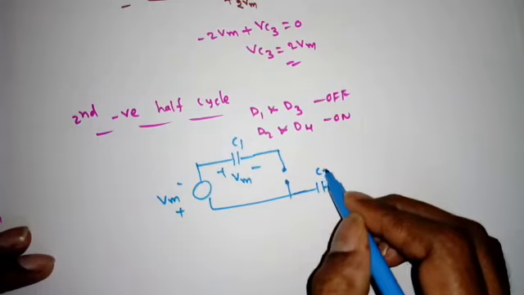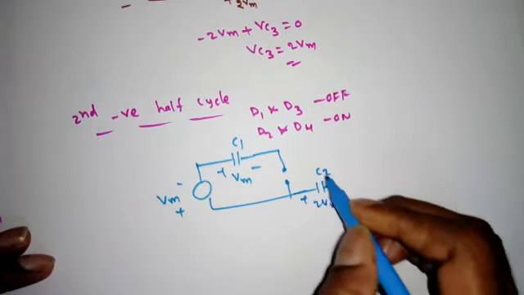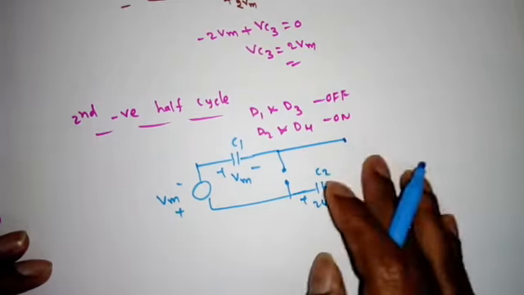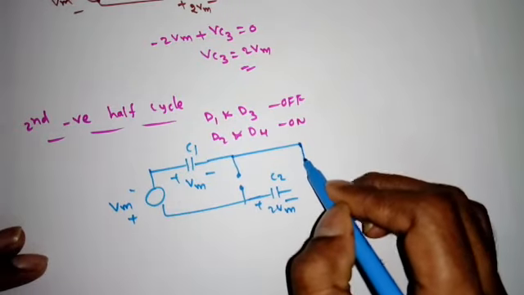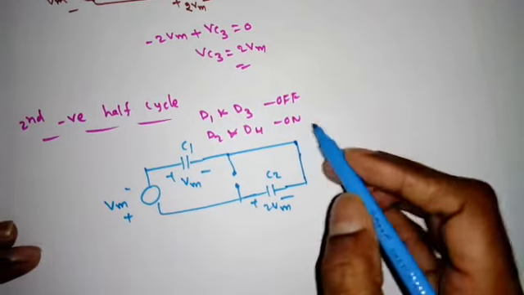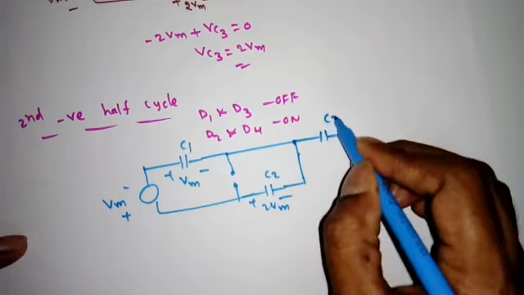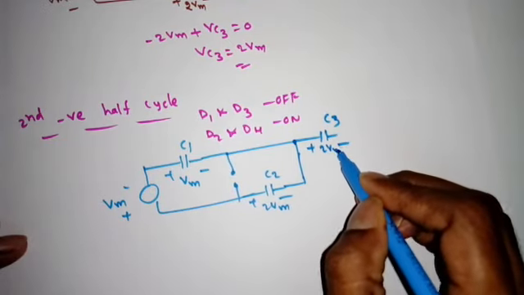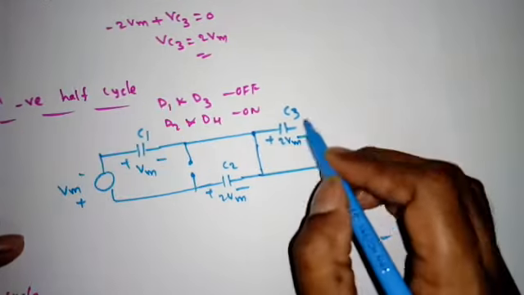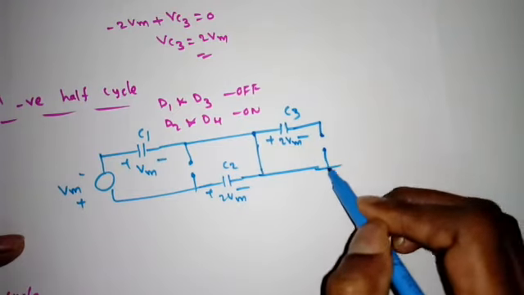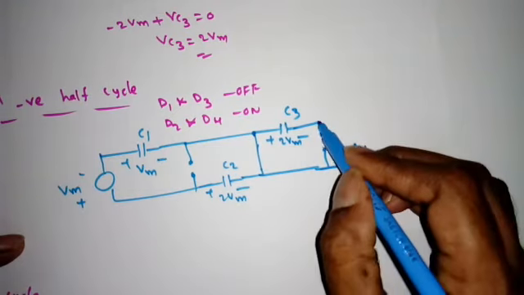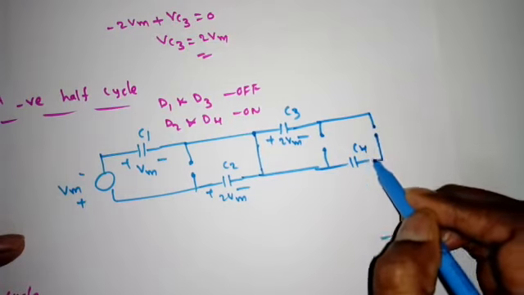And this is C2, which is charged to 2 Vm. And here D2 on. This is the C3, which is charged to 2 Vm. So this will be open. And this is the C4. And this is the short circuit.